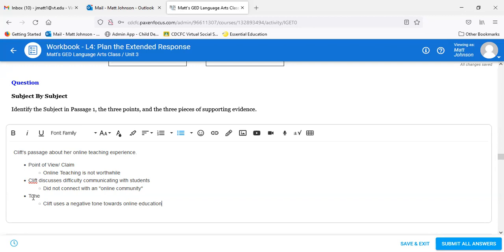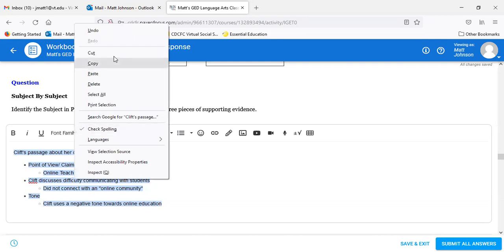And then tone for our third point that we're going to compare or contrast: Cliff uses a negative tone towards online education. I'll see if this works if I copy and paste it.